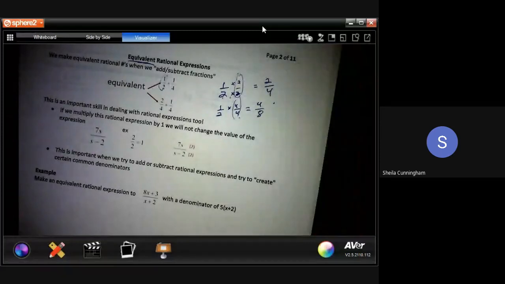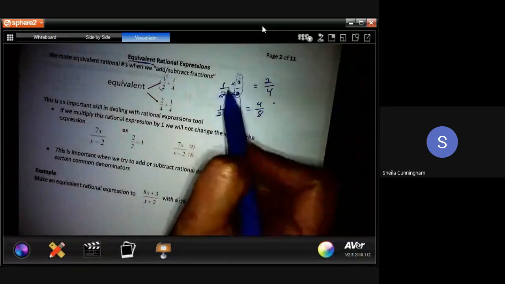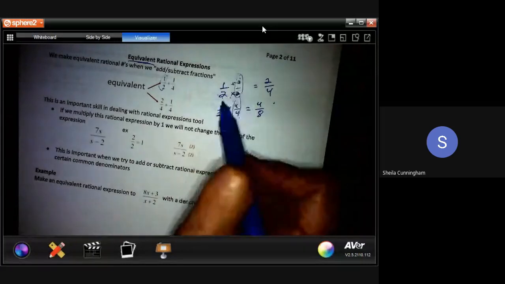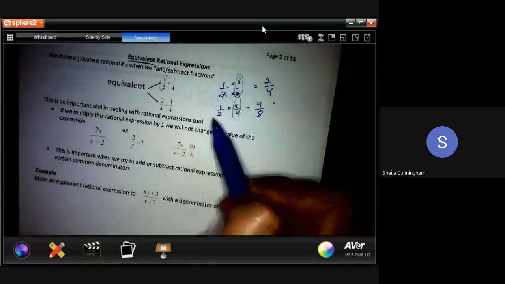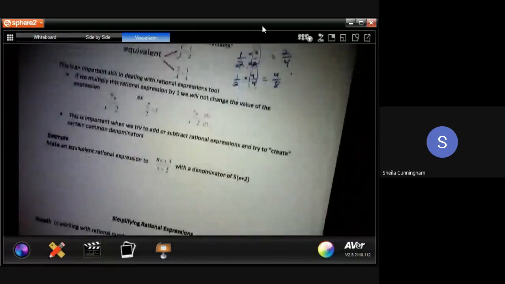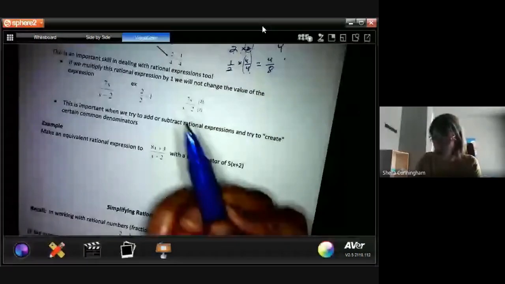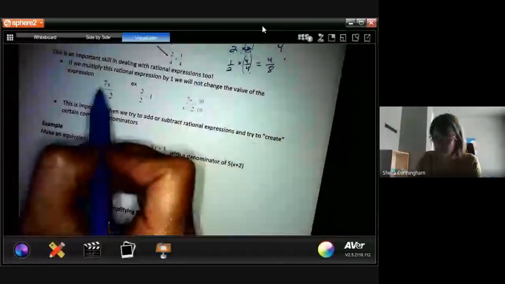Because if I do that, as long as I multiply top and bottom by the same thing, it doesn't change the value of that fraction. So that's all an equivalent fraction is: you've just got to be able to multiply the numerator and the denominator by the same value.